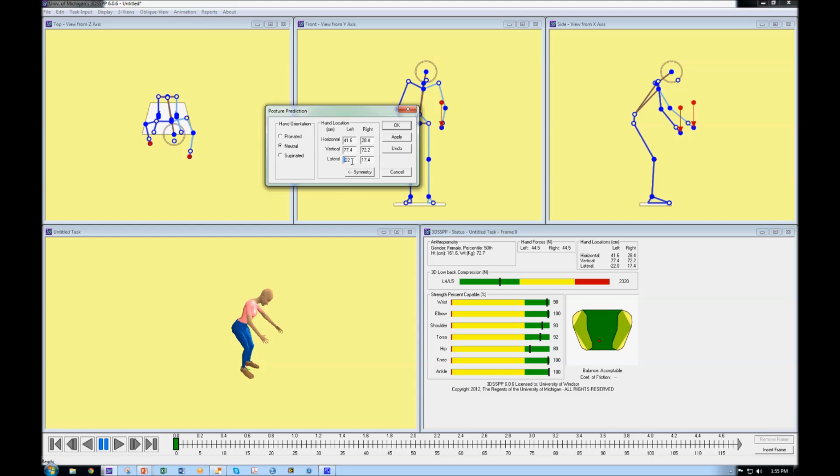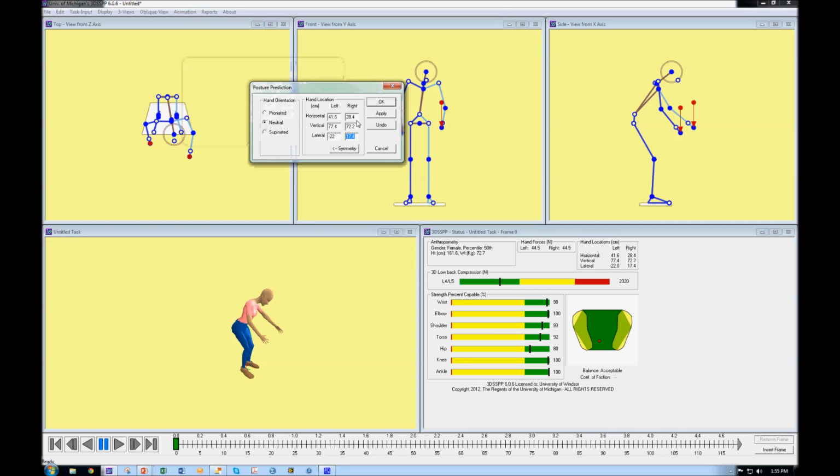And the left hand is 22 centimeters to the left of the sternum, while in view of looking from the first perspective of the mannequin. And the right hand is 17.4 centimeters to the right of the sternum.